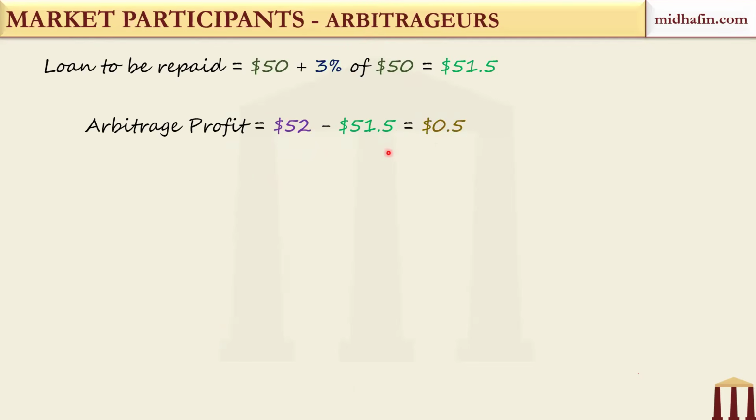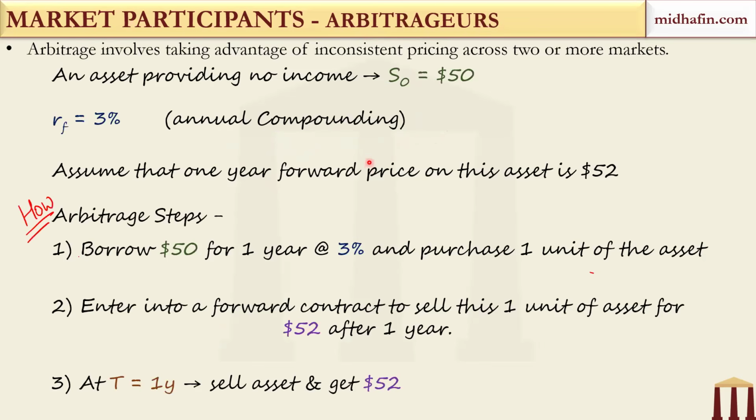Did you invest any amount of your own money? No. So this is arbitrage, a riskless profit. You did not invest anything, and you still gain a profit of $0.5 without any investment.